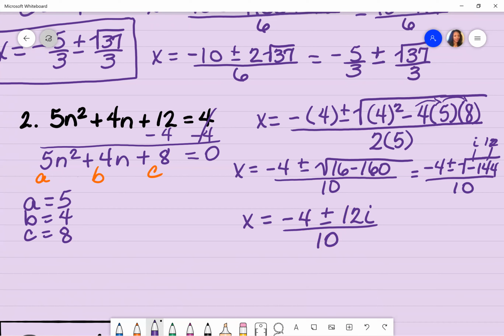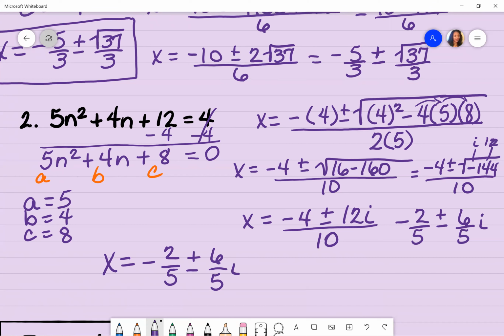And I'm going to divide both by 2, -2/5, plus or minus, and again, dividing this by 2, 6/5. And there's an imaginary part with it, which is i. So my answer is x is equal to -2/5 plus or minus 6/5i. 2 answers there. One is a plus, one is a minus. I just put them together. You could separate them using a set if you wanted to.